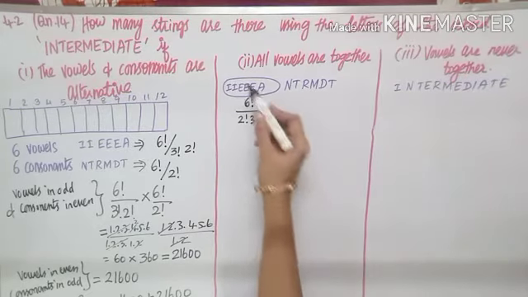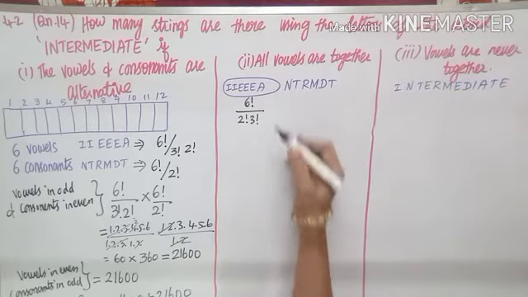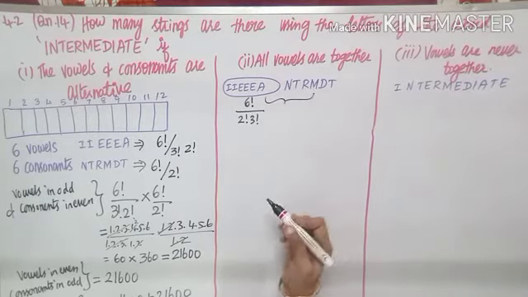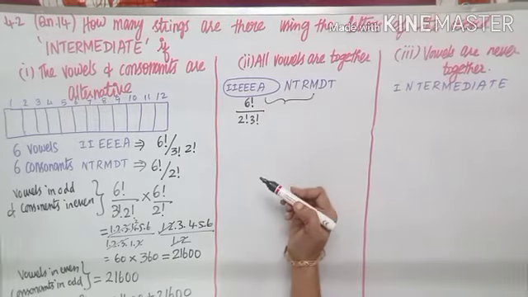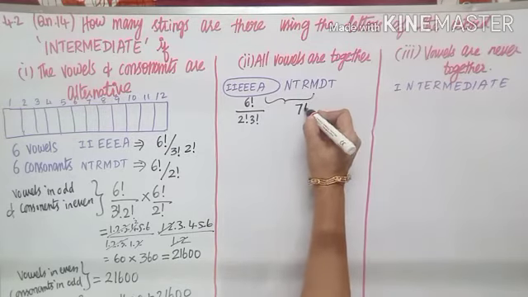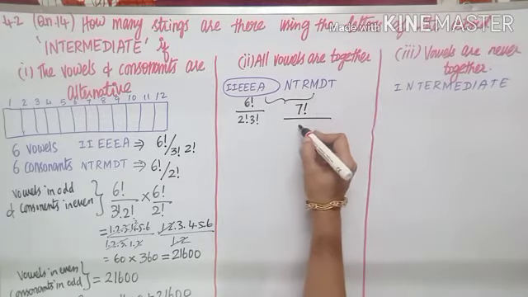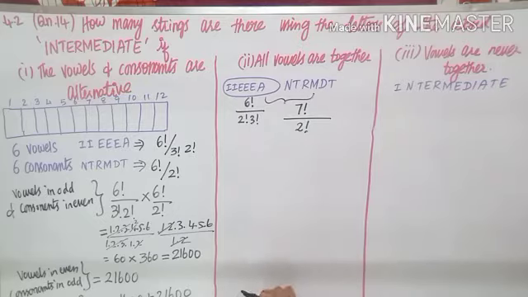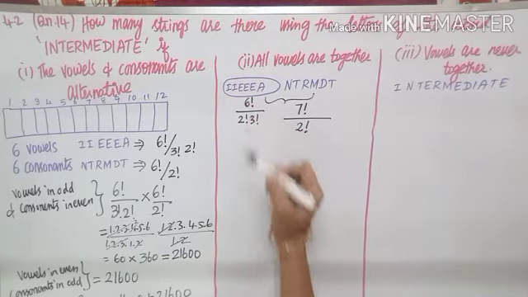Totally, all these are together in this arrangement. Totally, how many units are there? 1, 2, 3, 4, 5, 6 and then 7. So the 7 units divided by 2 t's are repeated. So 2 factorial. For this, vowels together, we have a separate arrangement.